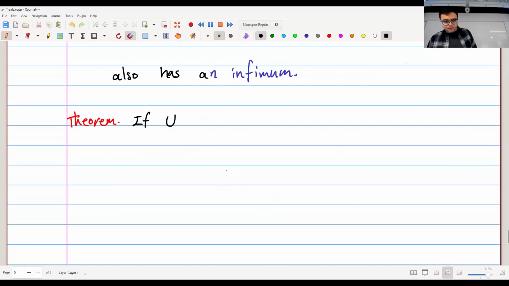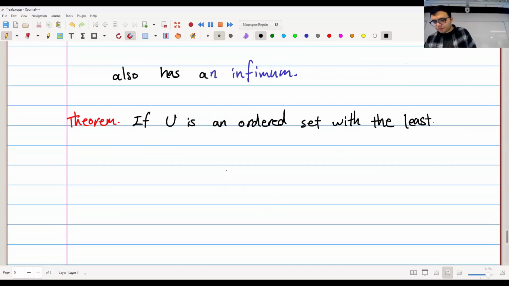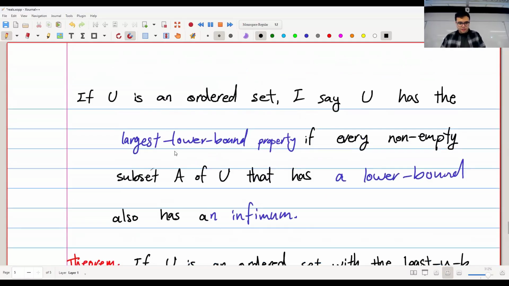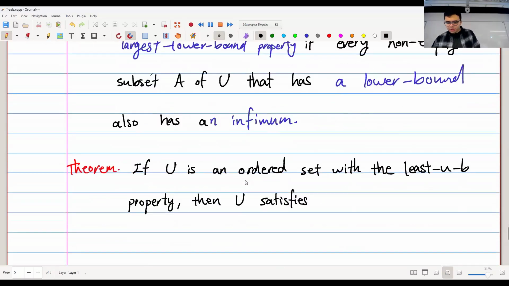If U is an ordered set with the least upper bound property, then U also satisfies this one, the largest lower bound property.